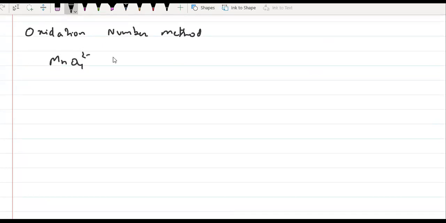MnO4 2 minus plus C2O4 2 minus gives Mn2 plus and CO2 in acidic medium.